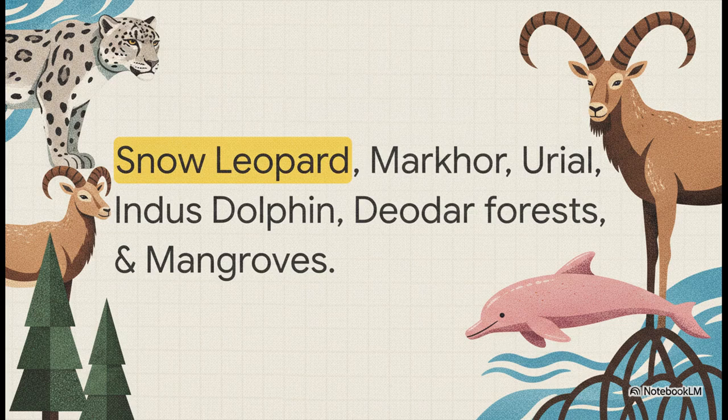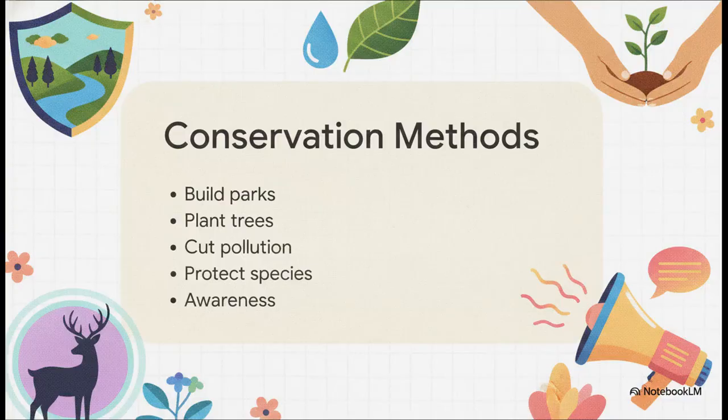When you're writing out your exam answers, frame these not merely as a list, but as the vital pillars holding the balance of our local ecosystem together. Losing even just one of these treasures would deeply and permanently disrupt the natural heritage of the entire region. It's a huge deal.